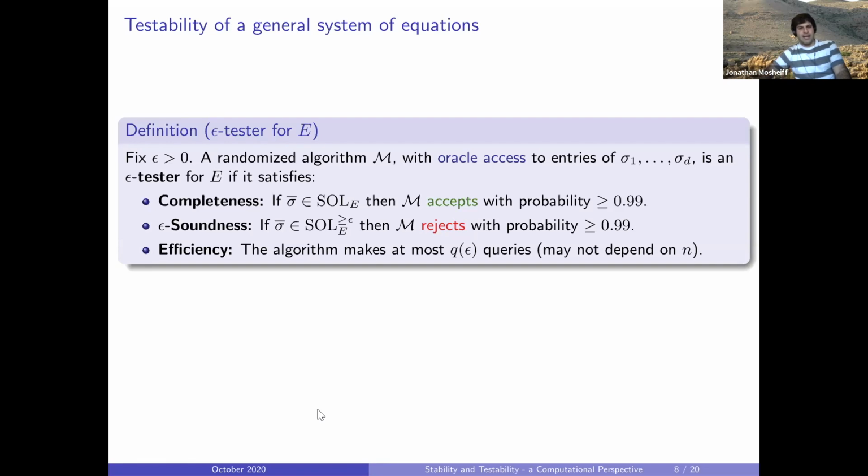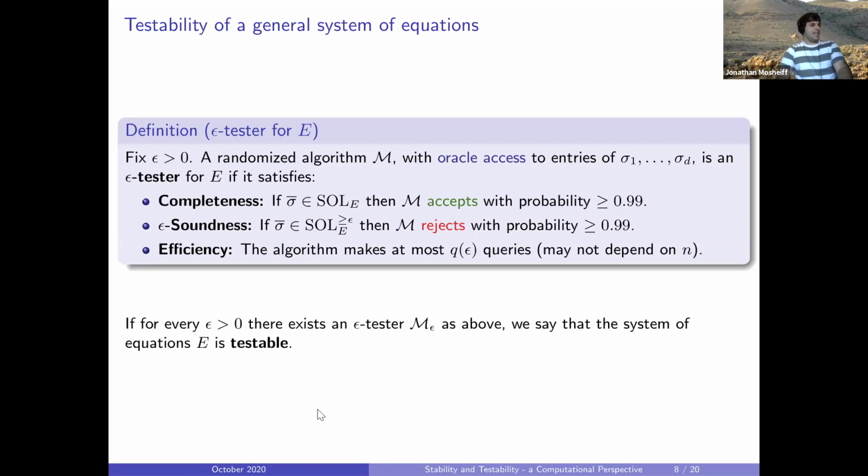So not only are we allowed to query sigma 1 of x, we're also allowed to query the inverse of sigma 1 of x. We didn't need this for the case of xy equals yx, but in some situations we do need to do so in general. And again, we say that a system of equations is testable if every epsilon admits an epsilon tester.